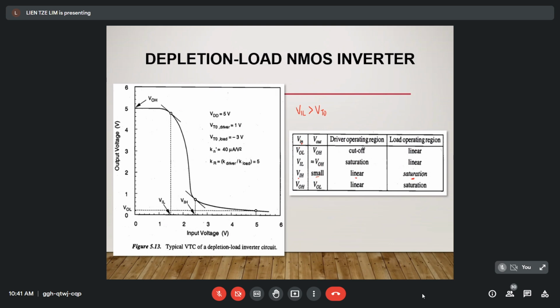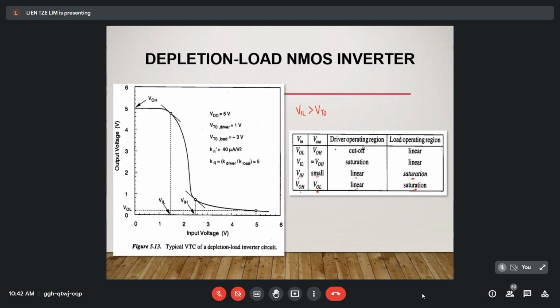When the input becomes high, as high as VOH, the driver is also in linear operation and the load is in saturation. The output here is also small, equivalent to VOL.